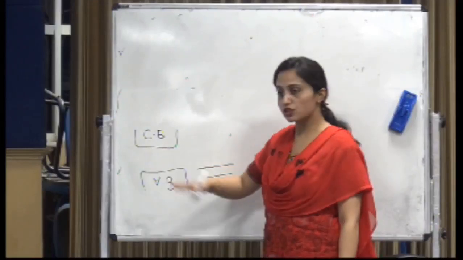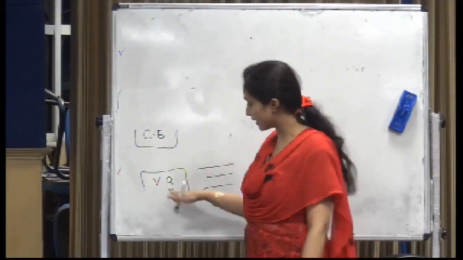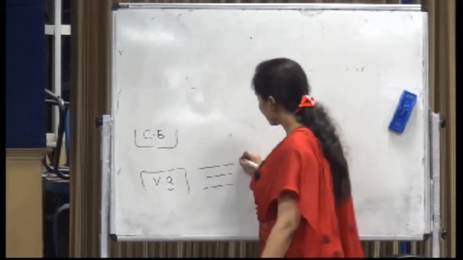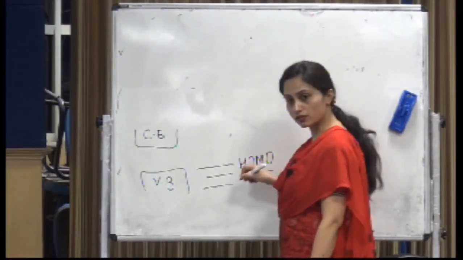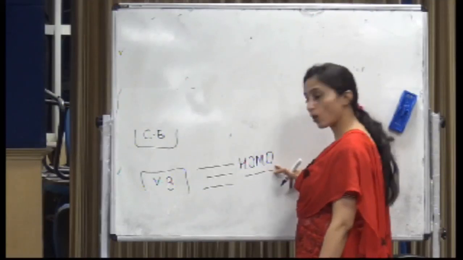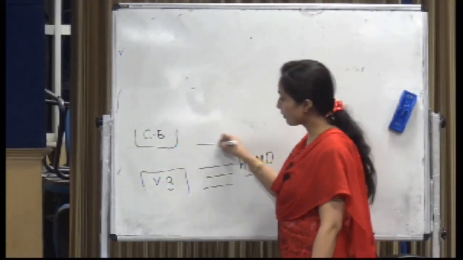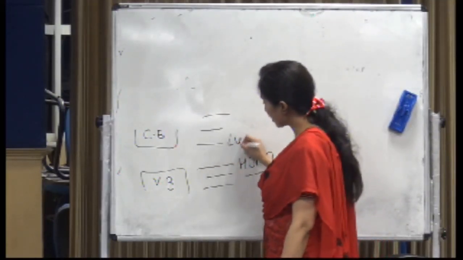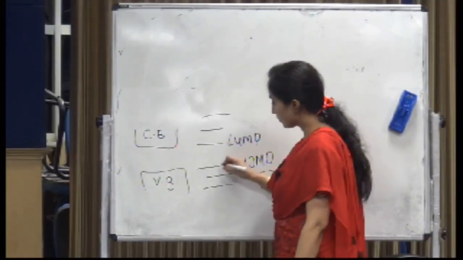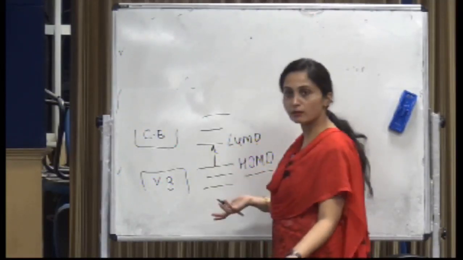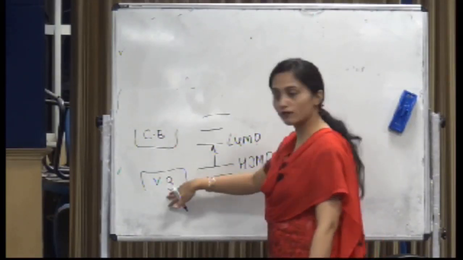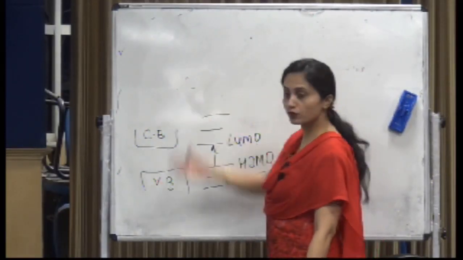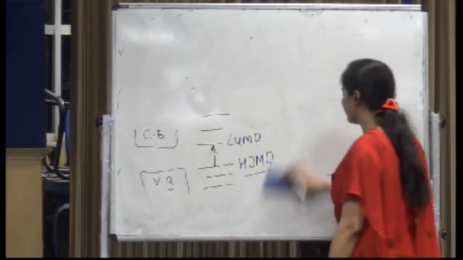The filled levels are the highest occupied molecular orbitals, and then you have the lowest unoccupied molecular orbital, because the electron will go first from the highest occupied to the lowest unoccupied. So the filled levels form your valence band and the empty levels form your conduction band.